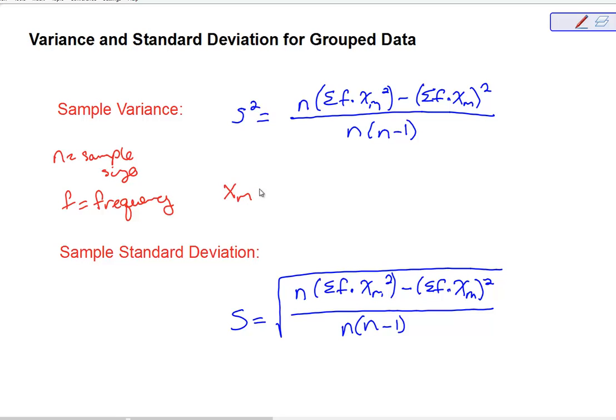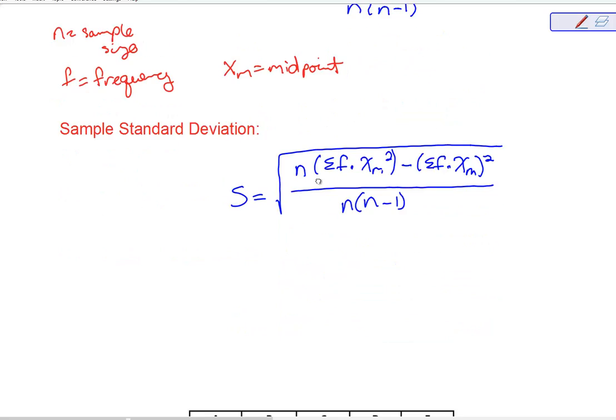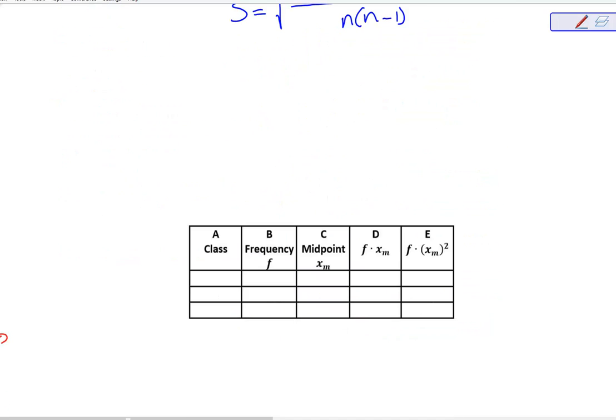X sub m is your midpoint. Okay? Midpoint of that category or of that class limit. So we're going to have to be finding the midpoints of these things. And it's much easier, again, if you follow this table right here. Put it into an A, B, C, D, E category.